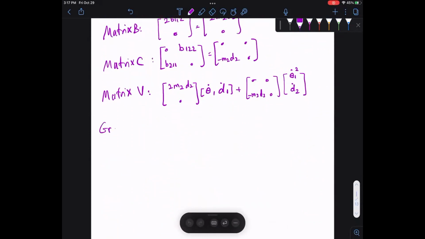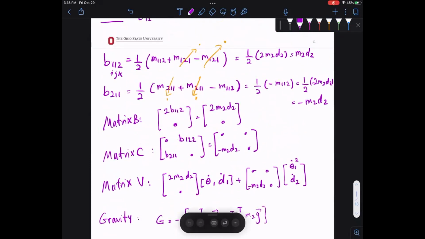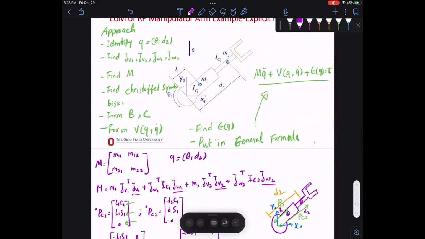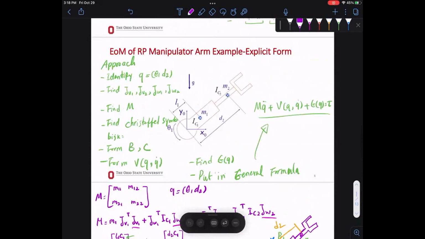Now gravity, how do I calculate gravity? G is negative. Based on the Jacobian transpose, we have M1G, which we already have, plus Jacobian V2 transpose, M2G. Now, what is our vector G? Let's go back and look at that. G in the base frame has a value of 9.86, right?